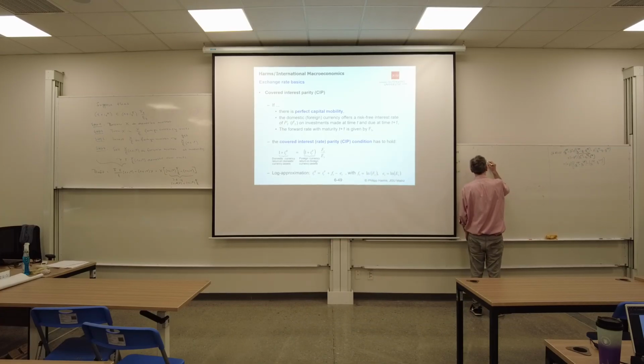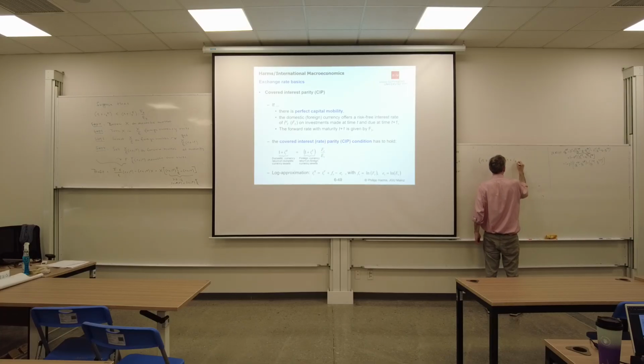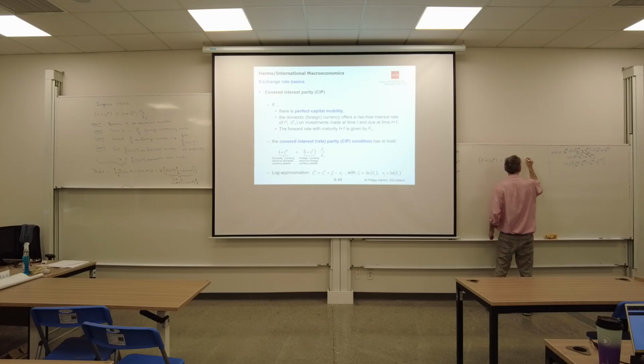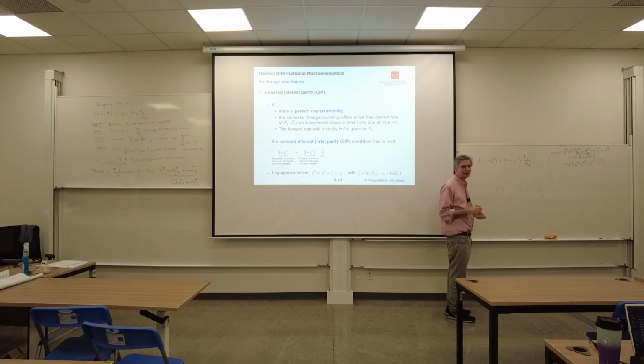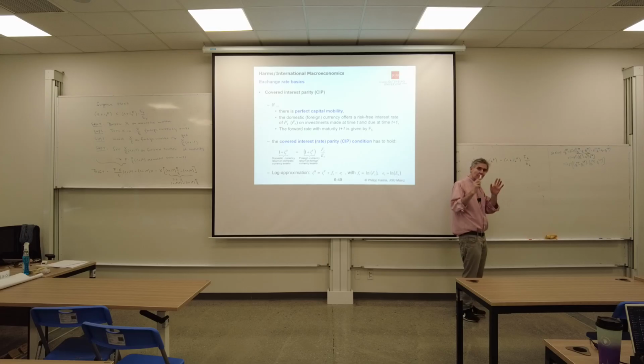It's nonlinear because we multiply and divide instead of adding. So how do you turn something that's nonlinear into something that's linear? Exactly. The log function is the biggest friend of the economist because it allows us to turn something that's nonlinear into something that's linear. So we take logs on both sides.